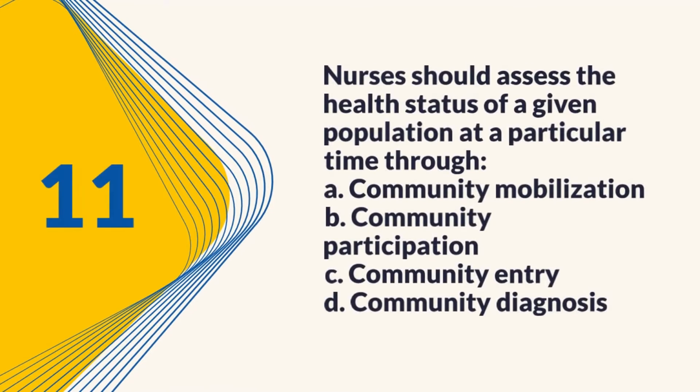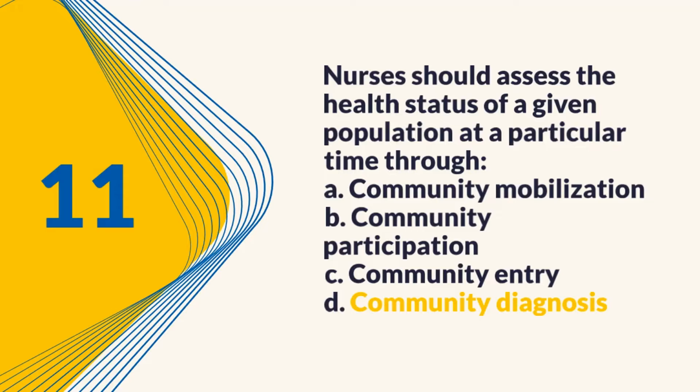11. Nurses should assess the health status of a given population at a particular time through A. Community mobilization, B. Community participation, C. Community entry, D. Community diagnosis. Answer, D. Community diagnosis. Alright, let's get into this. Nurses use community diagnosis to assess the health status of a population.